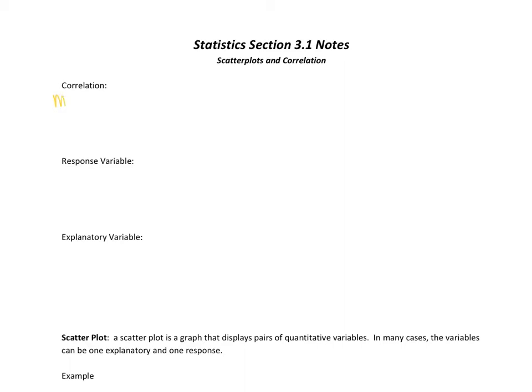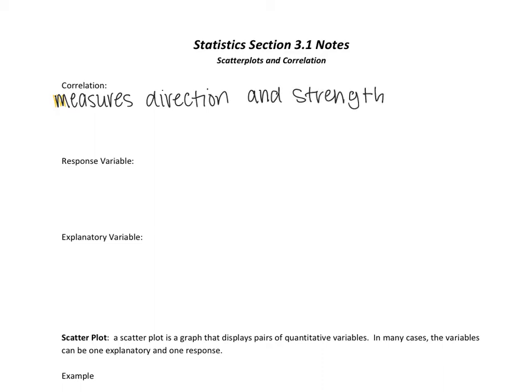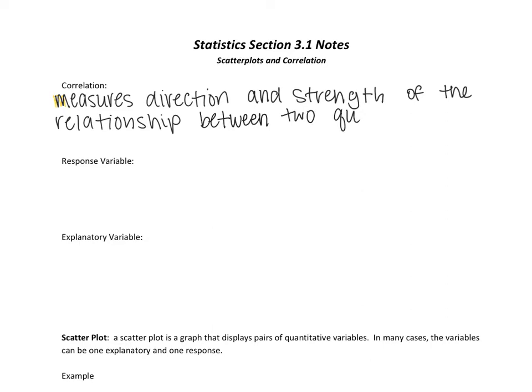And correlation measures direction and strength of the relationship between two quantitative variables.